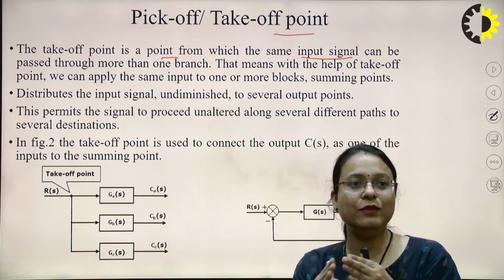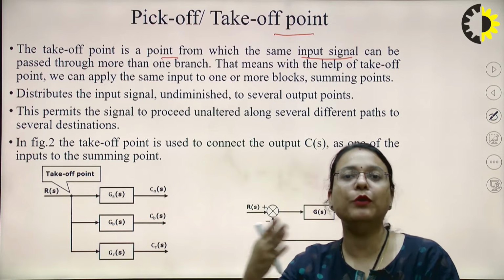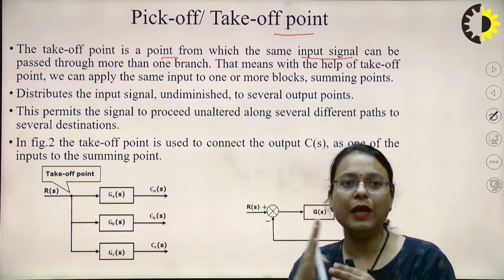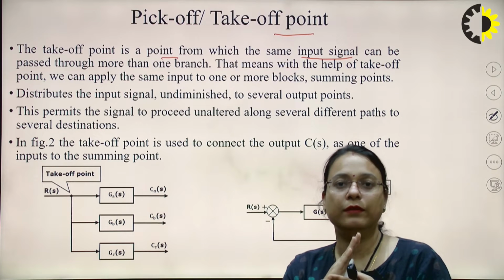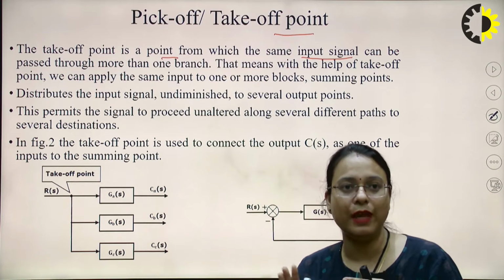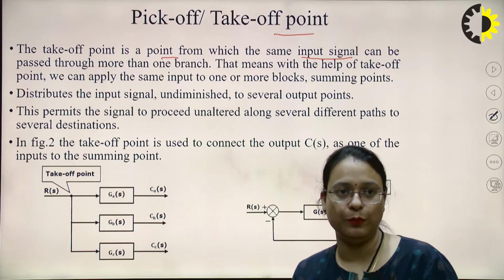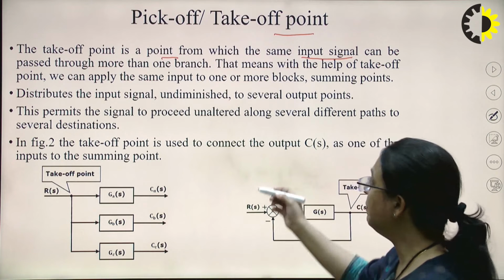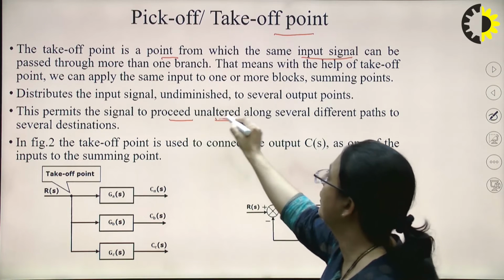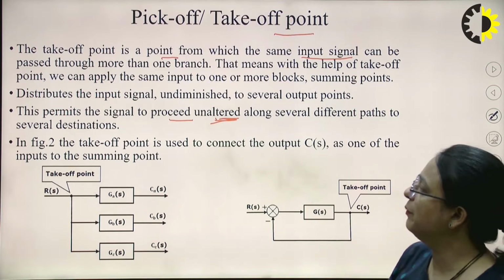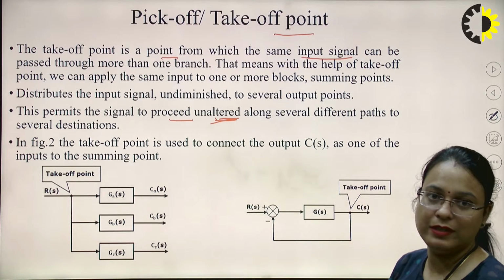It basically distributes the input signal, or you can say the output signal, without any alteration in that particular signal to several points, to several outputs, to several inputs, right? It basically permits the signal to proceed unaltered along several different paths to several destinations.